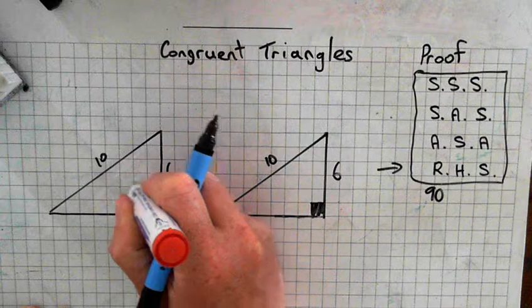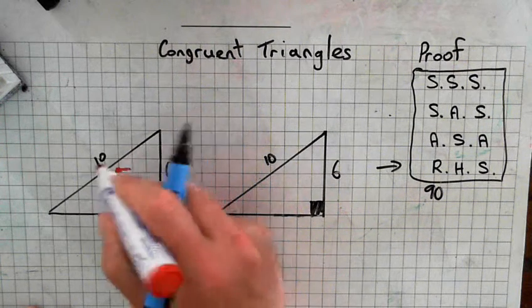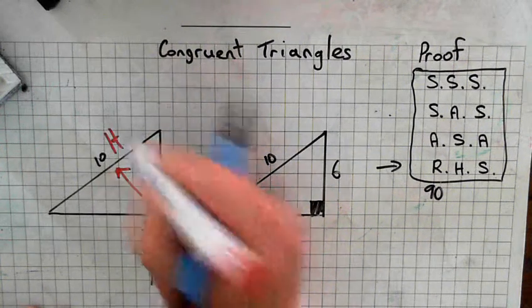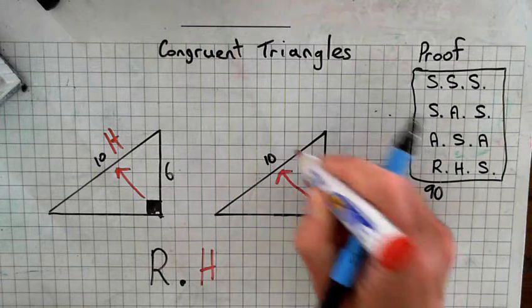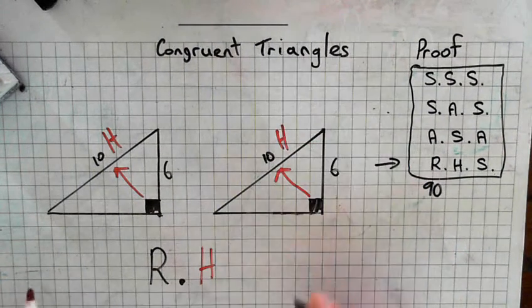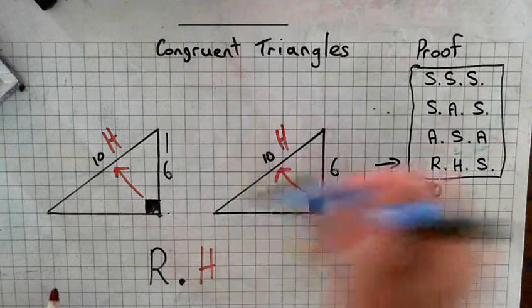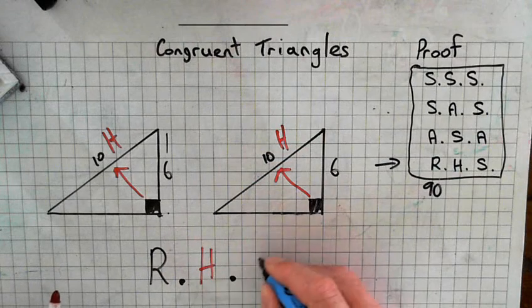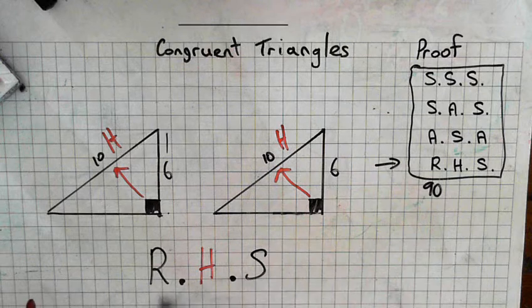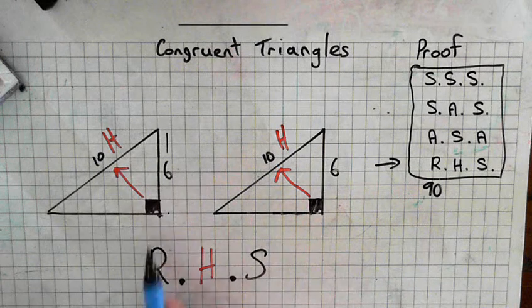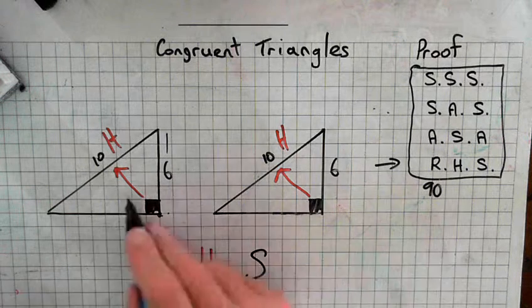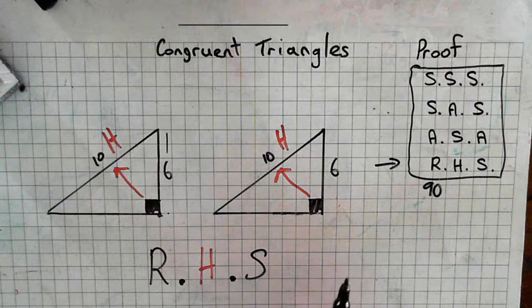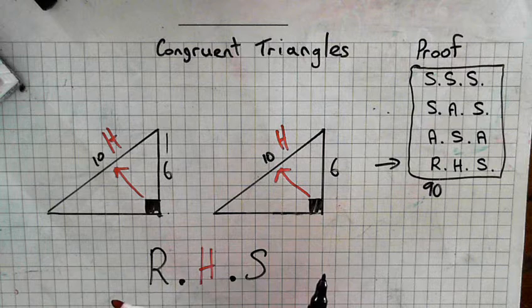The hypotenuse is also always opposite the right angle. So that's the hypotenuse, H for hypotenuse. The hypotenuse is the same. And we've got a side that's the same, 6 and 6. RHS. Right angle, hypotenuse and a side are all the same. So those two triangles are congruent. They're the same in every way. Is that okay?